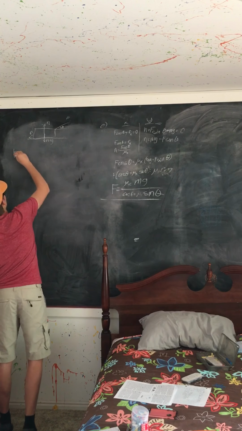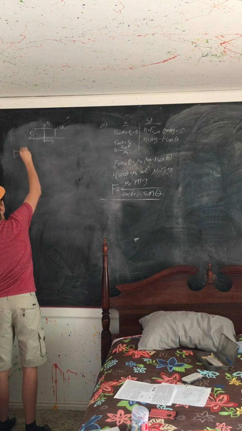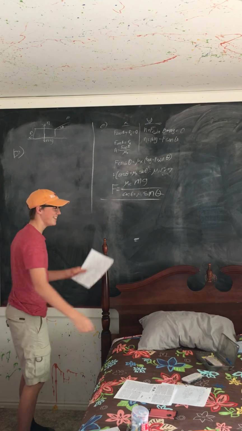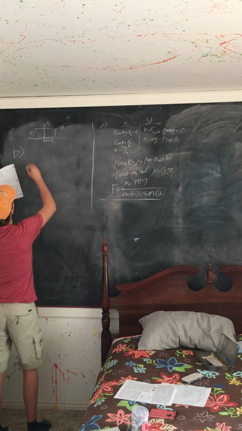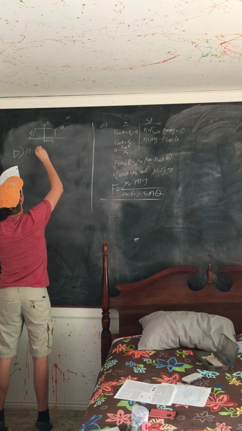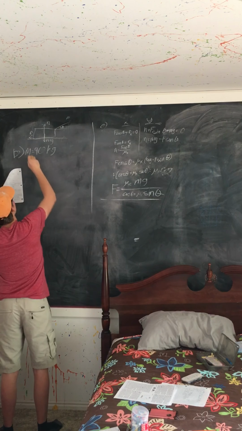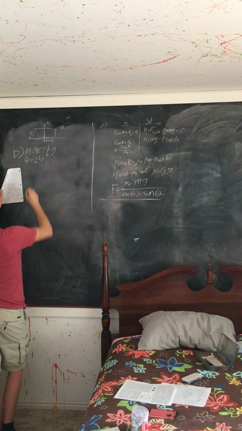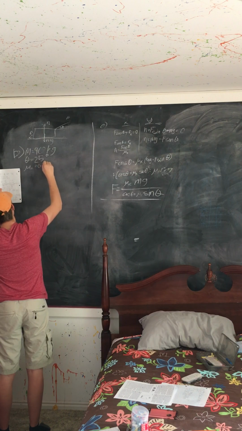Then for part B, we'll look over here. We have a mass of 90 kilograms, theta equals 25 degrees, and our coefficient of friction, it told us, is 0.35.